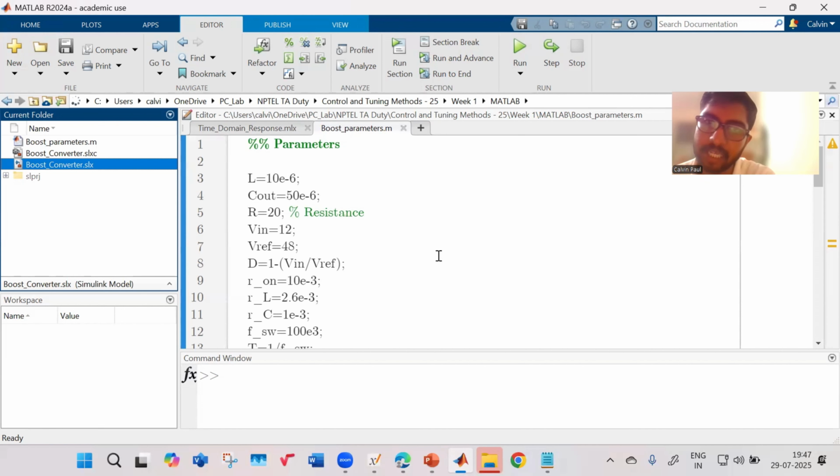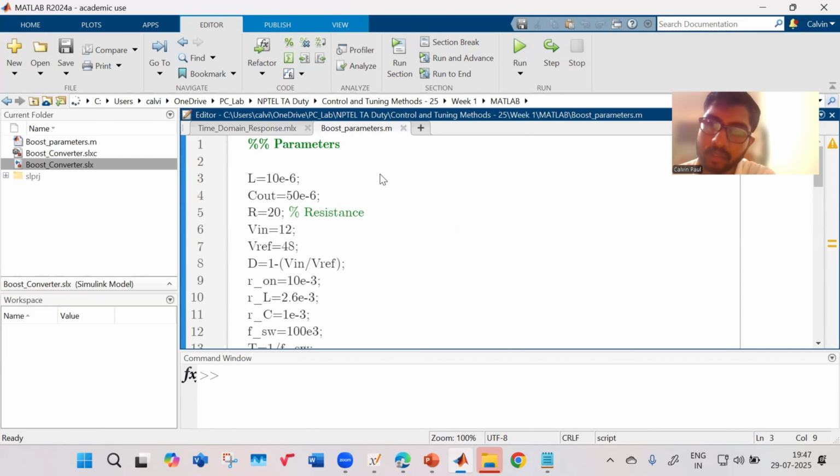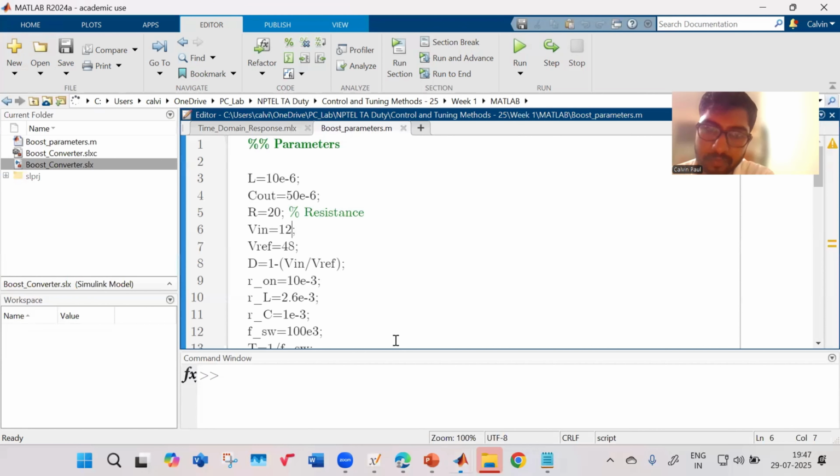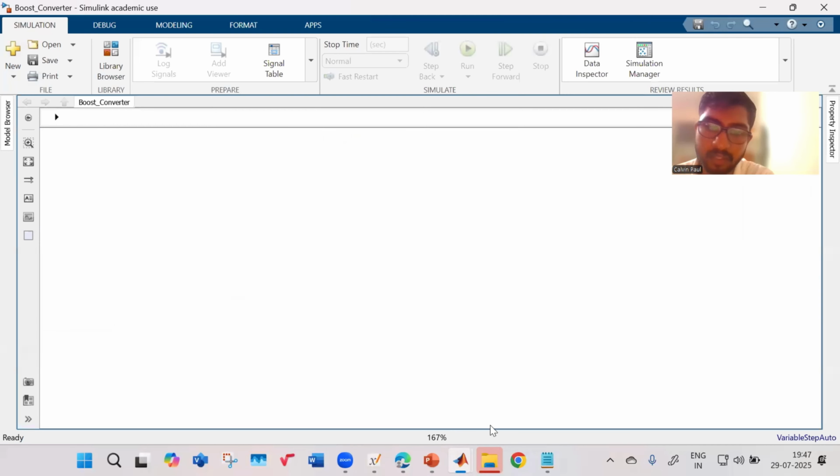Till then I will explain this .m file. It is used to pass the parameters: the inductance, capacitance, the load resistance, the input voltage, and the output voltage I want.